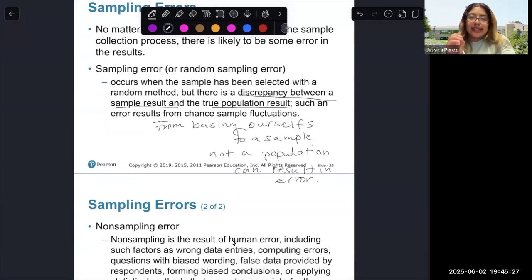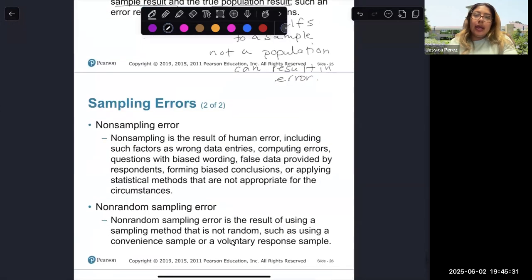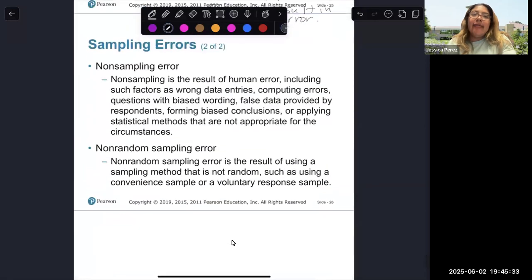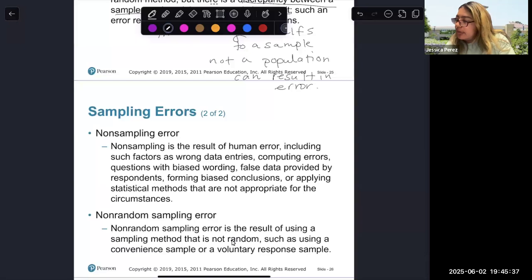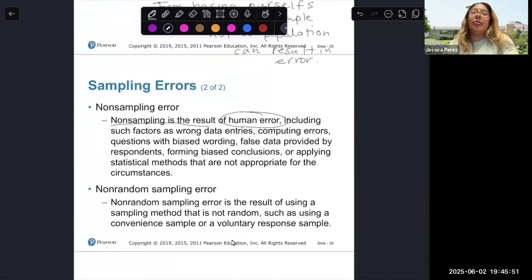Because we're only grabbing a sample, we're not looking at the population entirely. And lastly, we have non-sampling errors. A non-sampling error is actually a human error, including such factors as wrong data entries, computer errors, biased wording, false data responding, forming biased conclusions, or applying statistical methods that are not appropriate for those circumstances.